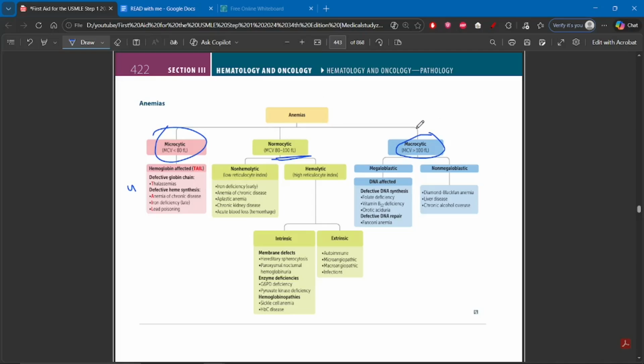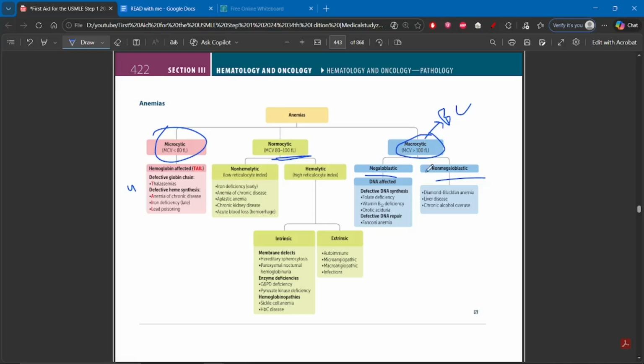Macrocytic, I've already told you, has another subdivision known as megaloblastic and non-megaloblastic. Macrocytic just means big cells, right? Big cells. That's what macrocytic is.